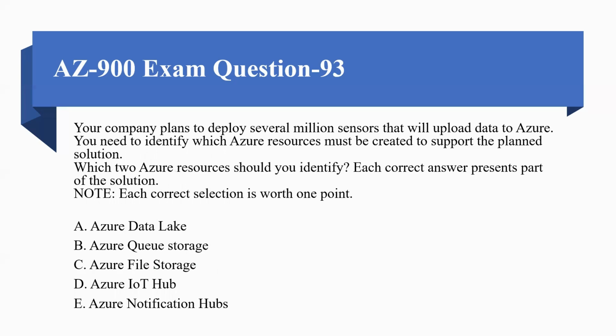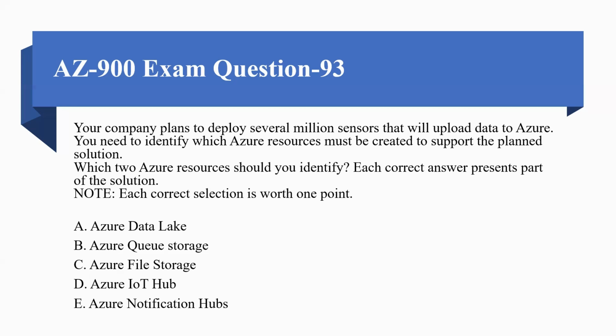Coming to question number 93, your company plans to deploy several million sensors that will upload data to Azure. You need to identify which Azure resources must be created to support the planned solution. Which two Azure resources should you identify? Each correct answer presents part of the solution. Note, each correct selection is worth 1 point. Options given are A. Azure Data Lake, B. Azure Queue Storage, C. Azure File Storage, D. Azure IoT Hub, or option E. Azure Notification Hub.